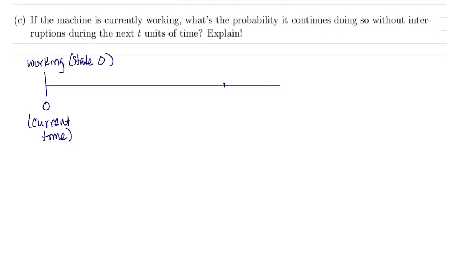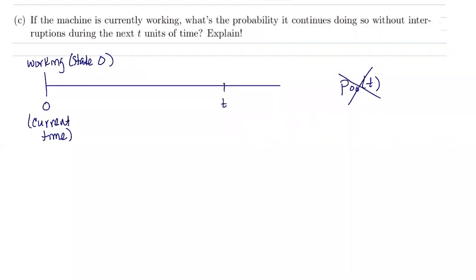And then I want to just fix some t units of time later, and I want the probability that it continues to work without interruption during the next t units of time. So you might think for a moment that you want to compute the probability of going from 0 to 0 in t units of time, but that would be wrong, because that would mean exactly what I said.